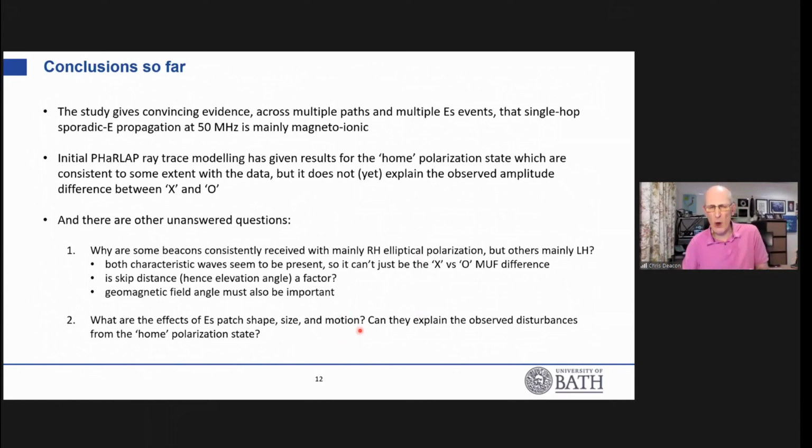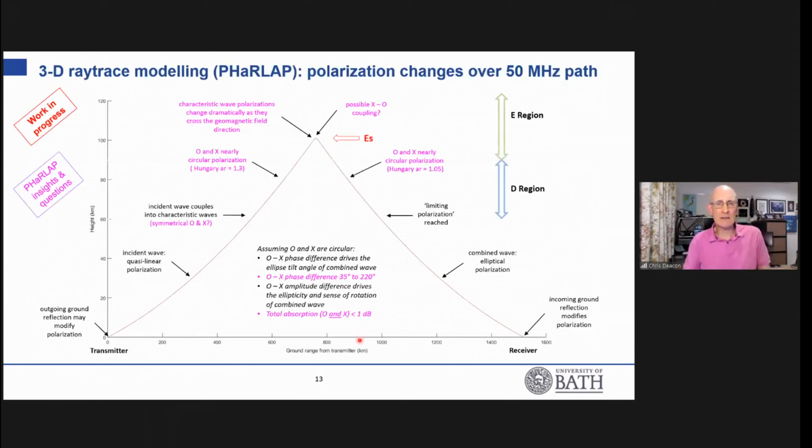And then there's a lot more I can do in terms of modeling the shapes of the sporadic E patches and so on and so forth. So finally, back to that initial chart, and just to annotate it with some points of learning, if you like, from what I've been doing. Firstly, there is a possibility that the coupling into the characteristic waves is not actually symmetrical.